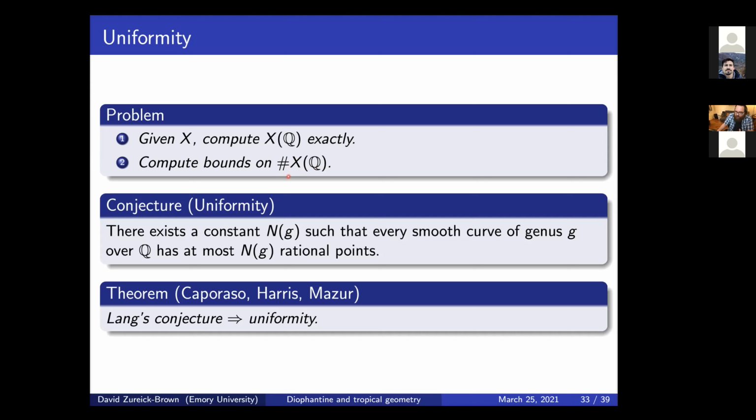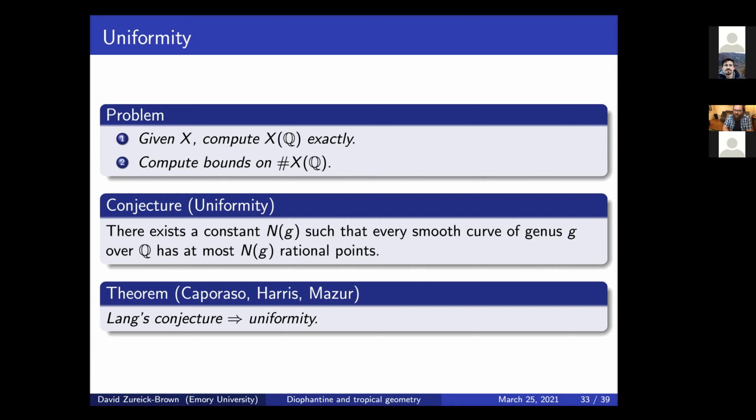Of course, you can make this larger just by increasing the degrees of your equations, but if you fix the degree of your equation or fix your invariants, then conjecturally, there's an absolute upper bound that you can get.